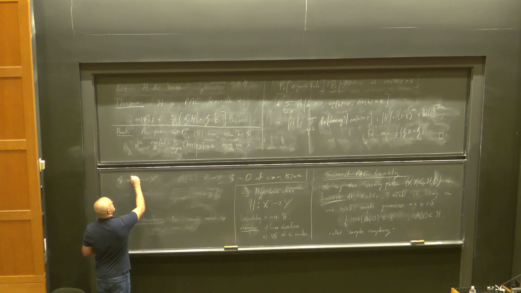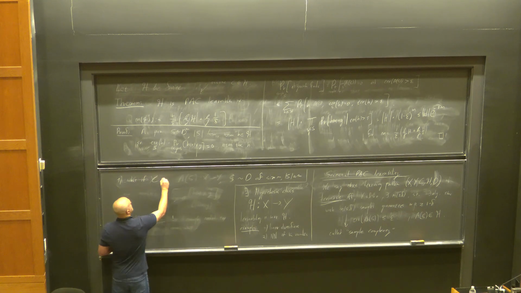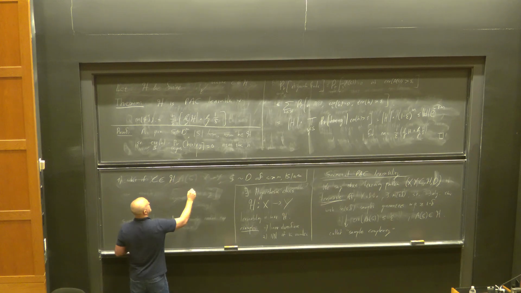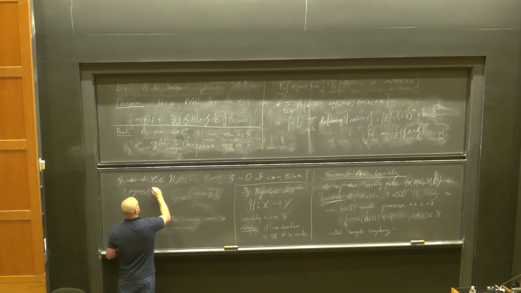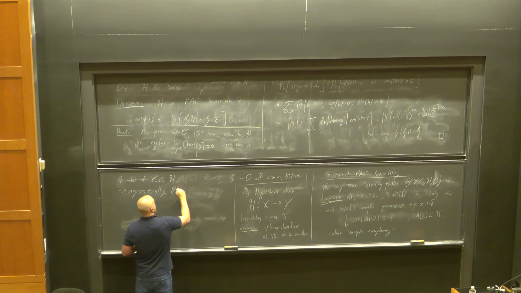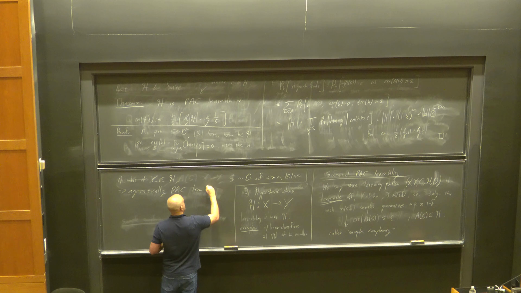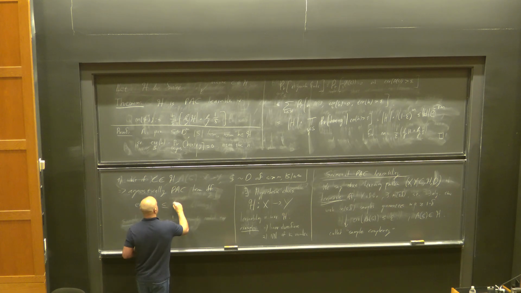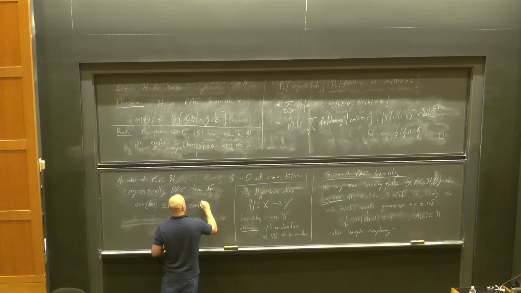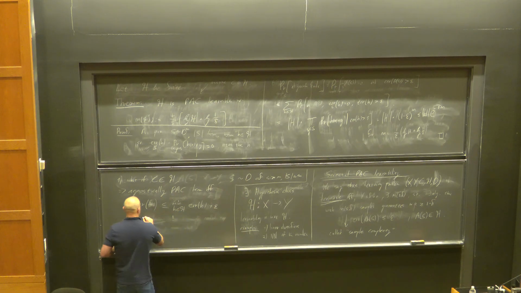So what if C doesn't belong to H? Then we say that we can agnostically learn if the error of our algorithm is at most the minimum over h in H of error of h, plus epsilon, with probability 1 minus delta.